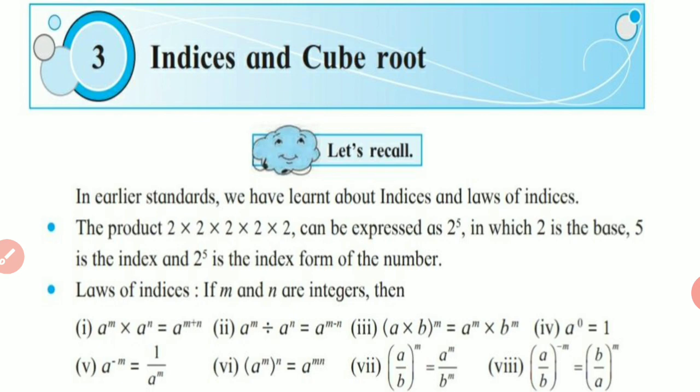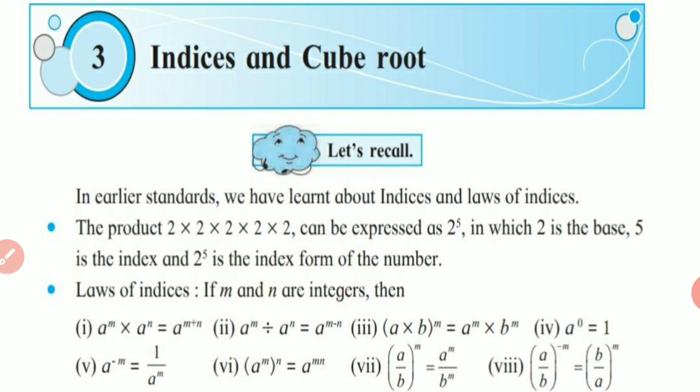Fifth, a raised to minus m is equal to 1 upon a raised to m. Sixth, (a raised to m) raised to n is equal to a raised to m into n.